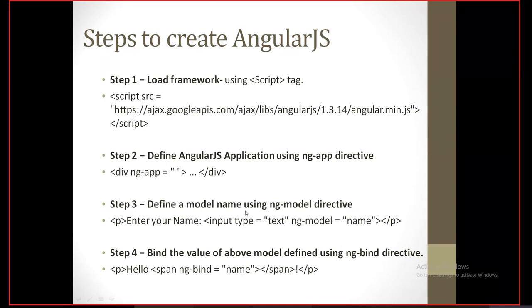That means, in short, we need to create some input controls, and we need to attach or define some application data variables in those input controls using the ng-model directive. What we are doing here is we have just created an input text type of control, and if you remember, we used to give a name attribute. Instead of that name attribute, now we will have the ng-model attribute, and whatever name you want to give, you can provide the name in double quotes.